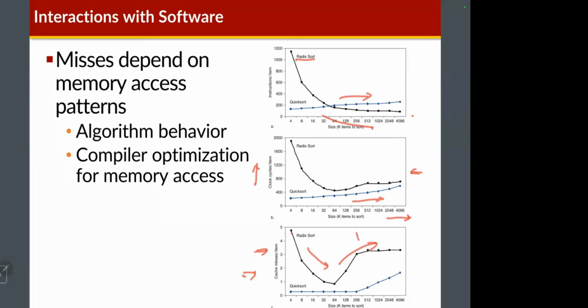Which means that if the data set size is increased, the total items for sorting cannot be stored in the cache.